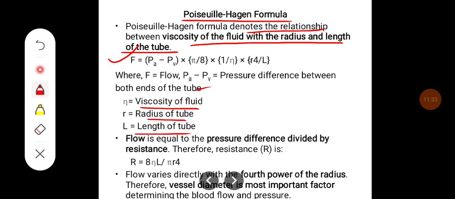Flow is equal to the pressure difference divided by the resistance. Therefore, resistance R is equal to 8 mu L divided by pi r to the power of 4.